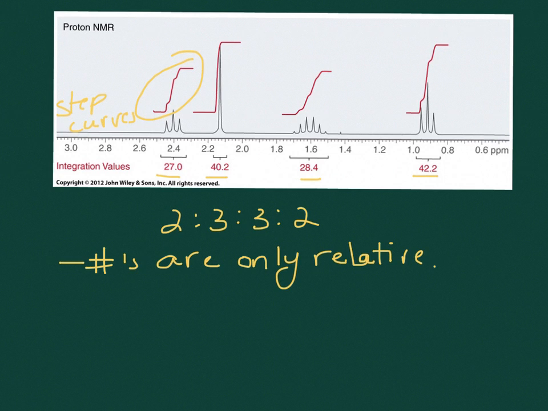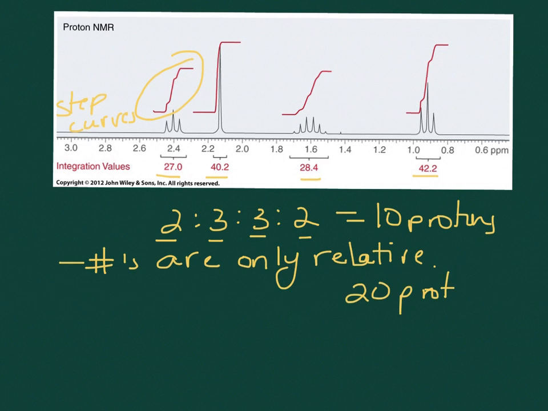What this means is that there may not be just 2, 3, 3, and 2 for a total of 10 protons. There could be 20 protons. Okay, so this is just relative values.